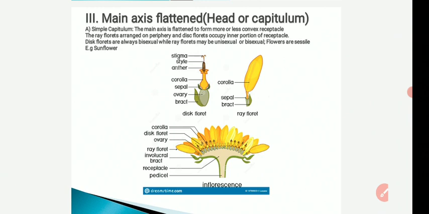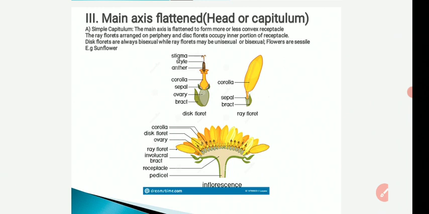The ray florets are arranged on the periphery of the receptacle, while the disc florets occupy the inner portion of the receptacle, and each floret has its own scaly bract at its base, and the base of the receptacle is surrounded by a whorl of green bracts known as involucre. And due to this structural arrangement, the whole inflorescence looks like a single flower.